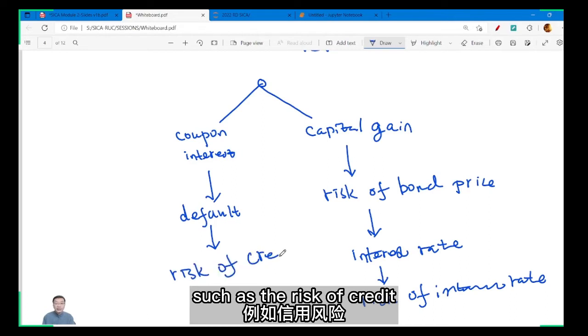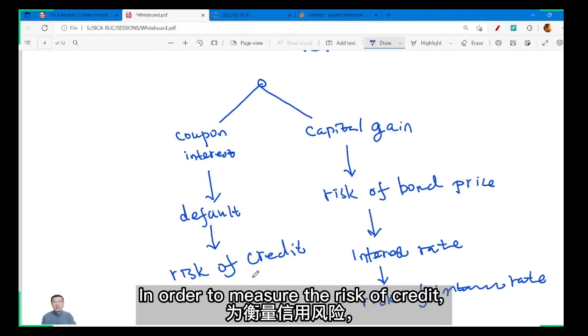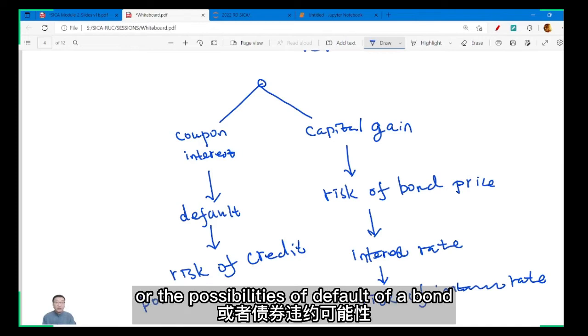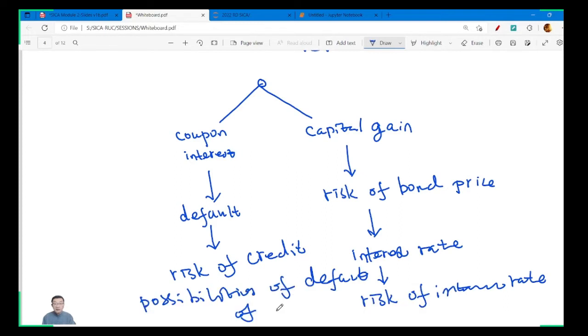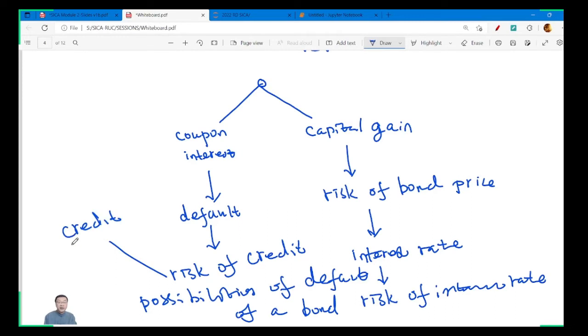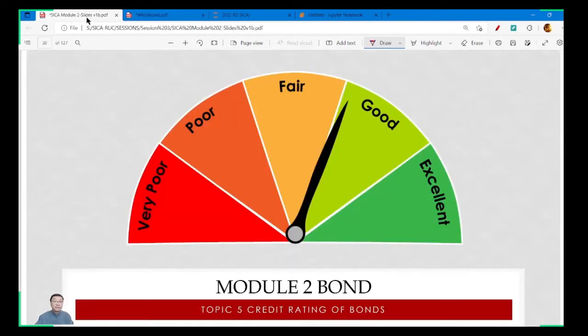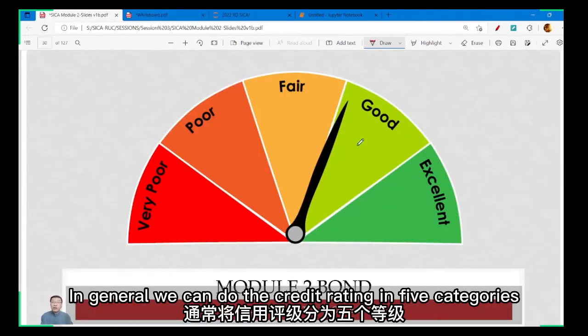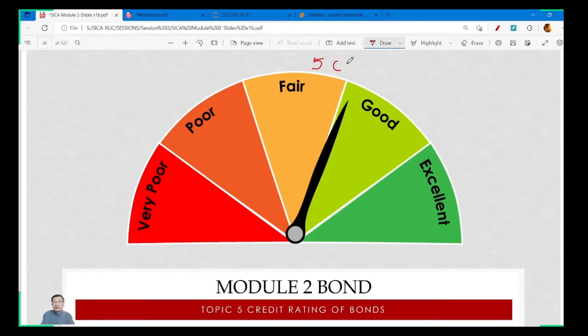In order to measure the risk of credit, or the possibilities of default of a bond, we have another word we call credit rating. Now let's talk about credit rating. In general, we can do the credit rating in 5 categories.